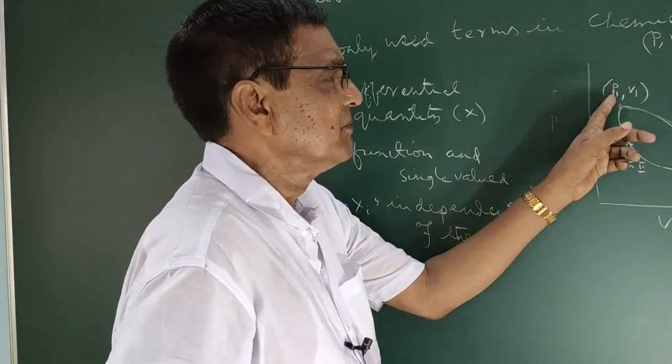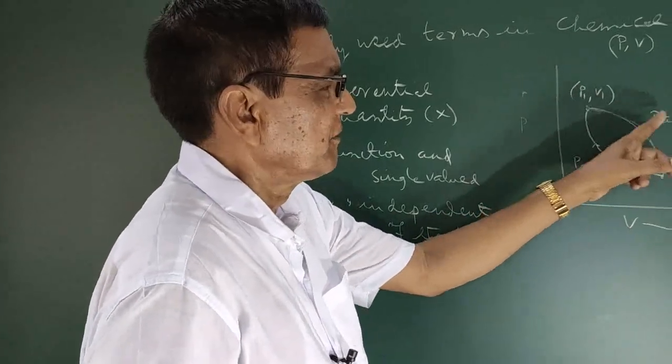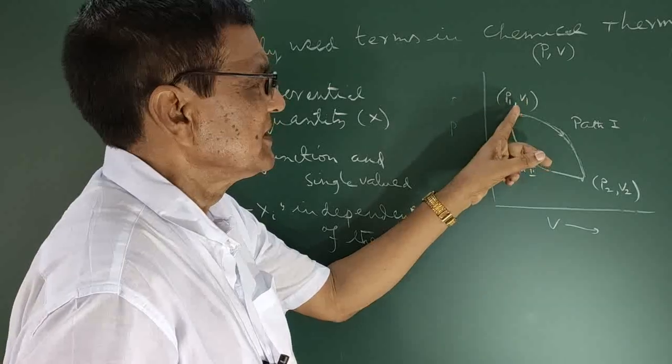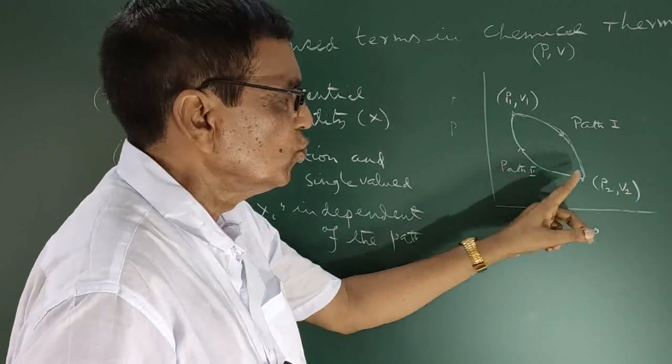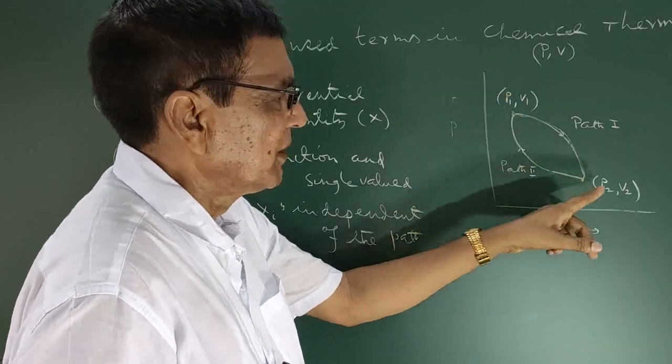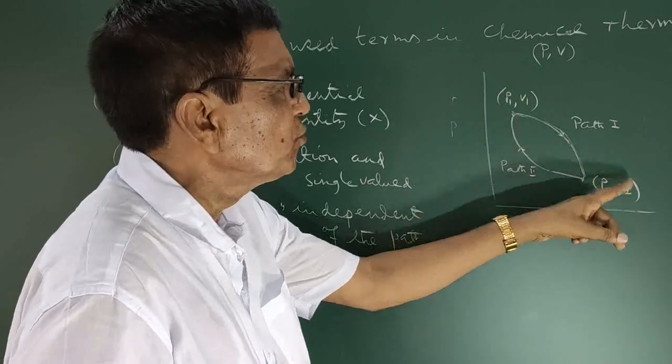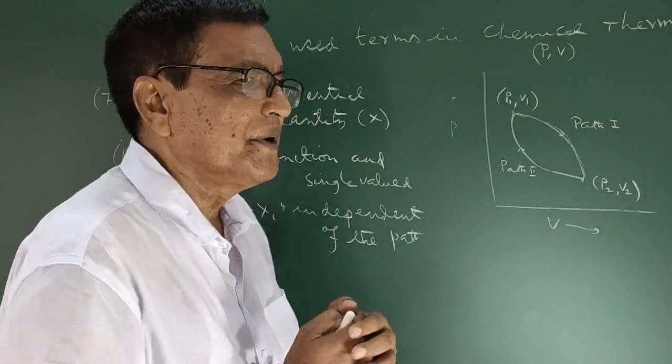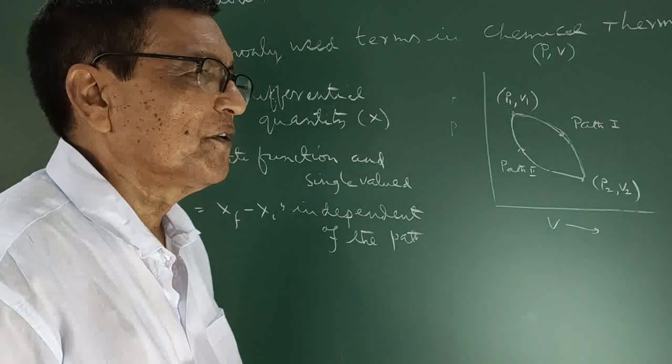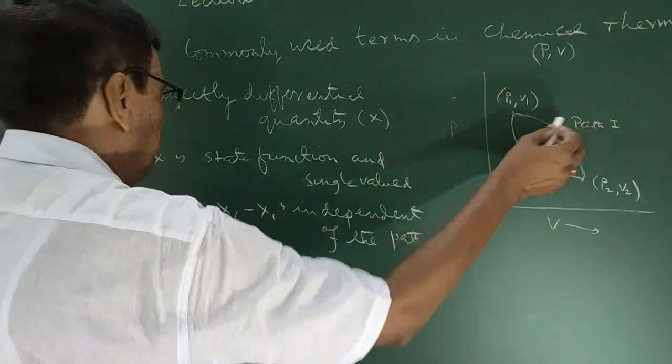Whether the system comes this way by path 1 or by path 2, this P2 minus P1 or V2 minus V1 will remain unchanged and does not depend on the nature of the path.